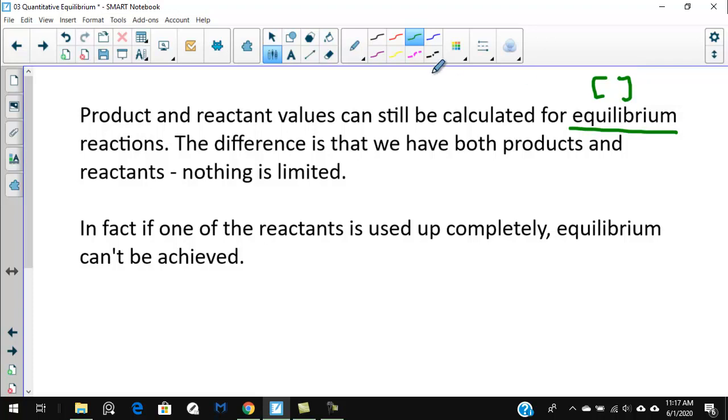We know that there is a constant back and forth of reactants forming products and products forming reactants, but at equilibrium, the concentration of those two things macroscopically remains constant. So being able to use that idea that everything is remaining constant at equilibrium, we can go through and calculate what the concentrations are at equilibrium.